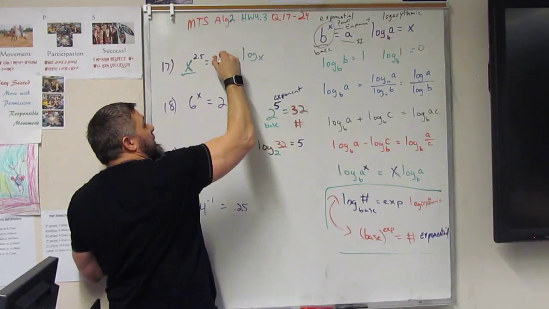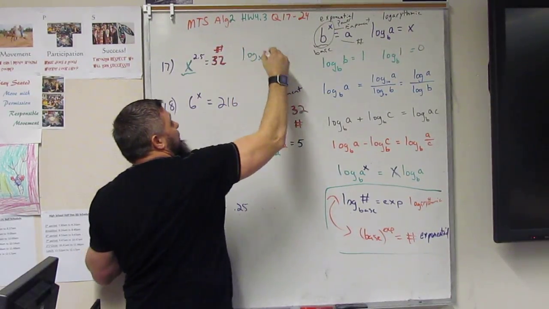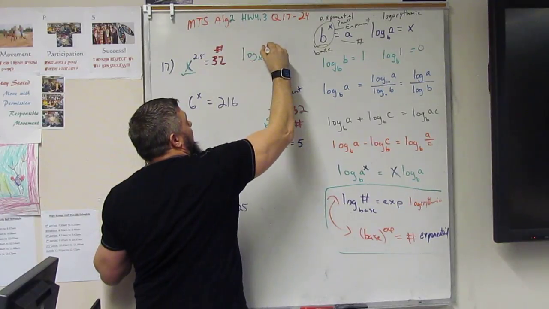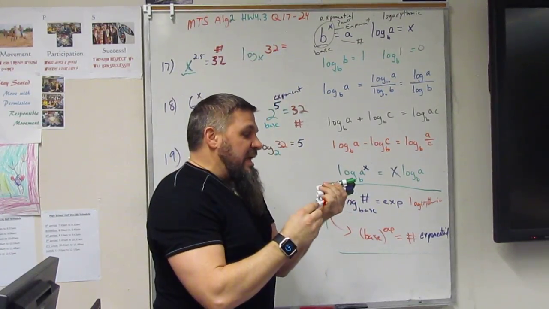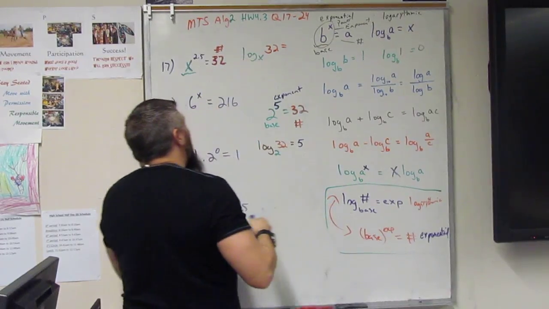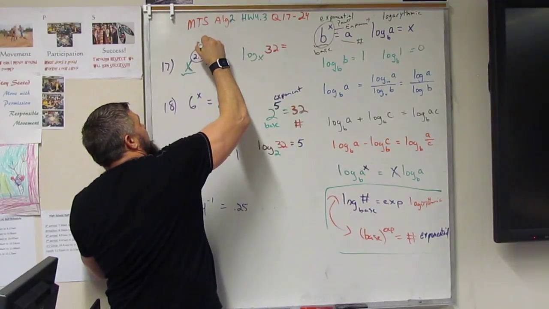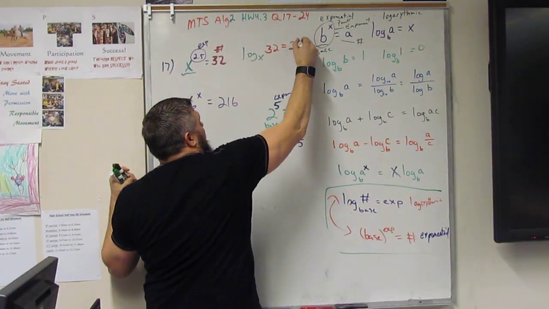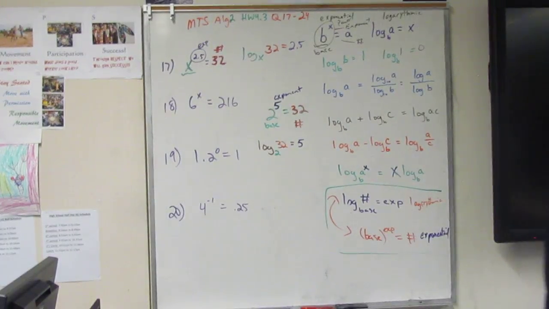Okay, so this is the number. So log base x of 32 is equal to, and then what's the exponent? 2.5 is the exponent. And that's all we're doing, rewriting it in logarithmic form.